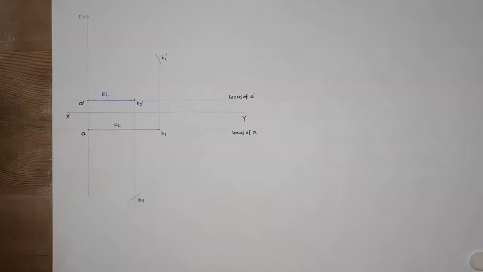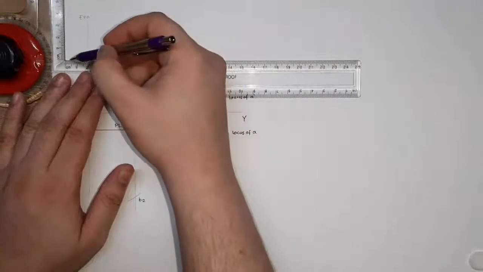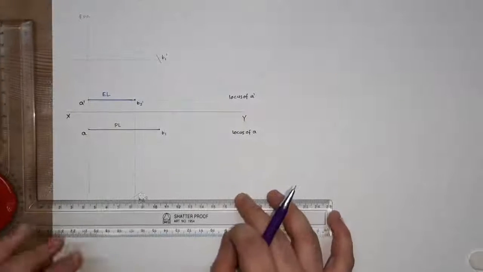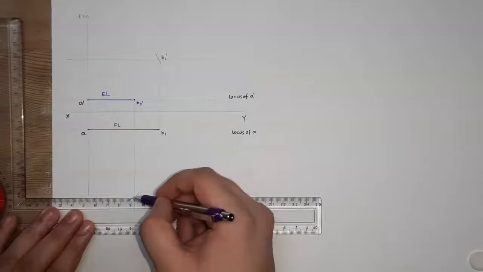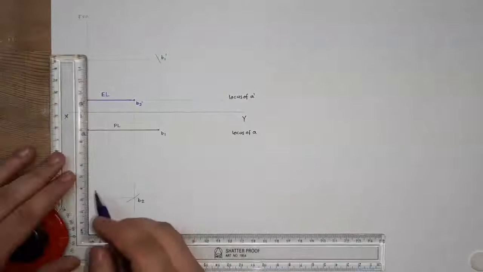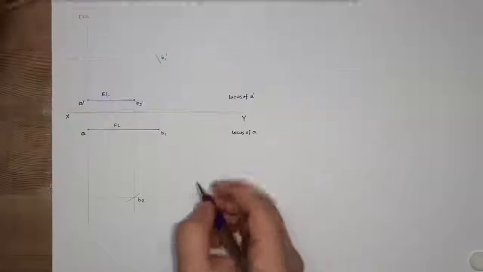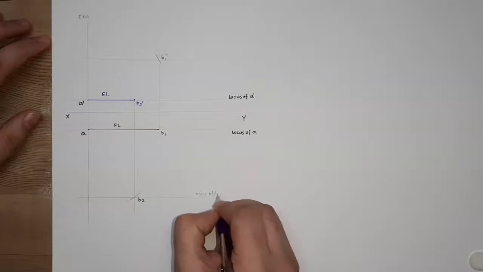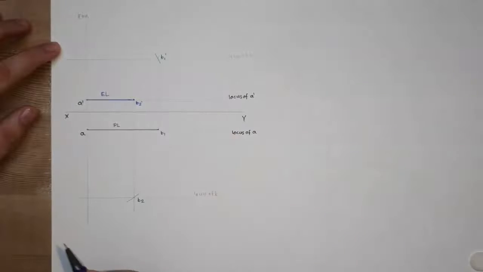From these 2 points, I will be drawing horizontal lines. This is the first horizontal line and this is the second horizontal line. This is the locus of B and this is the locus of B dash.